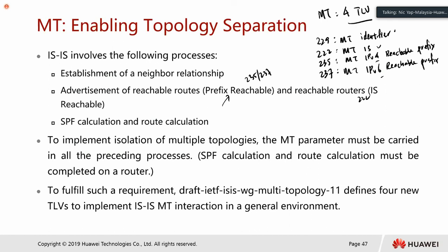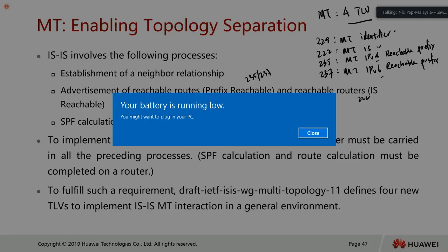All the routers inside the MT must support the MT topology features. You need to enable the four TLVs to be able to calculate separately between IPv4 and IPv6 ISIS. That is the minimum requirement to perform multi-topology.